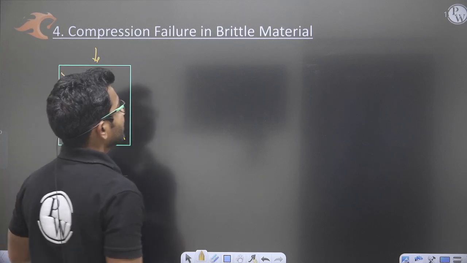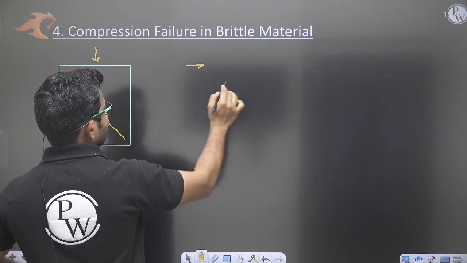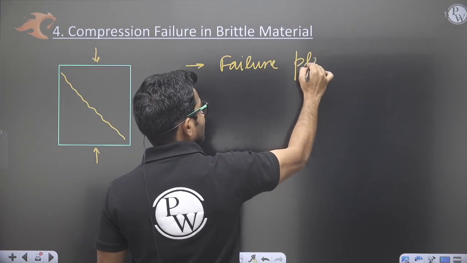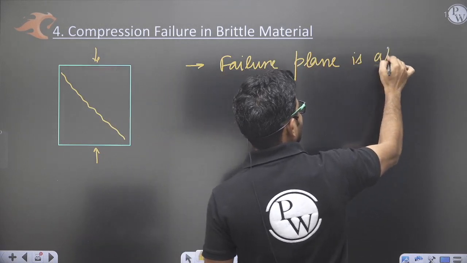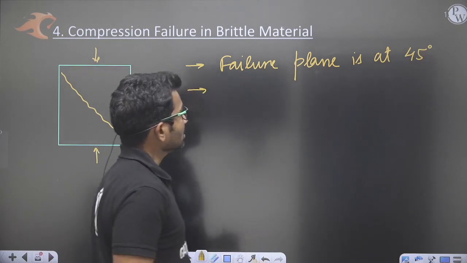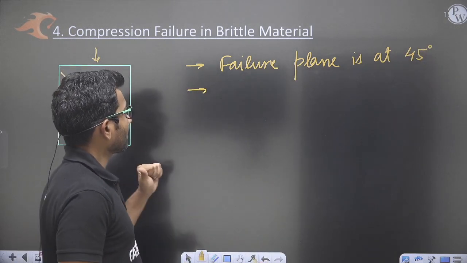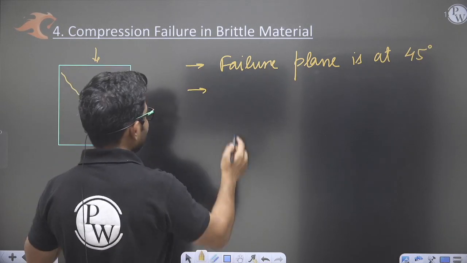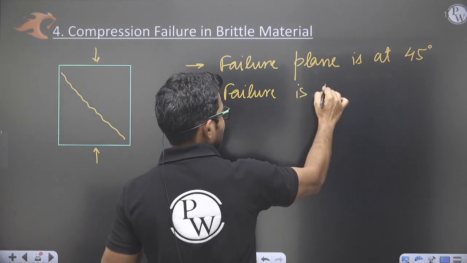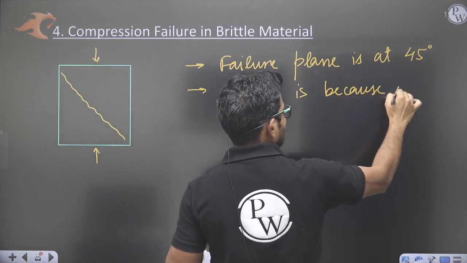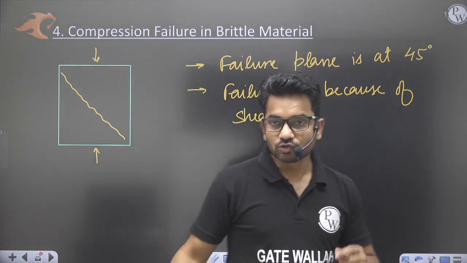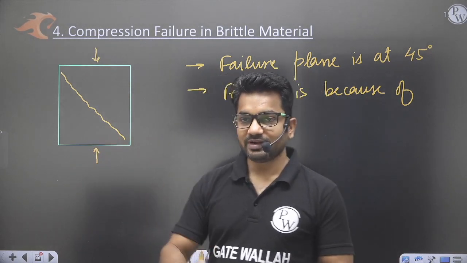So compression failure in brittle material: failure plane is at 45 degree, and failure is because of shear.